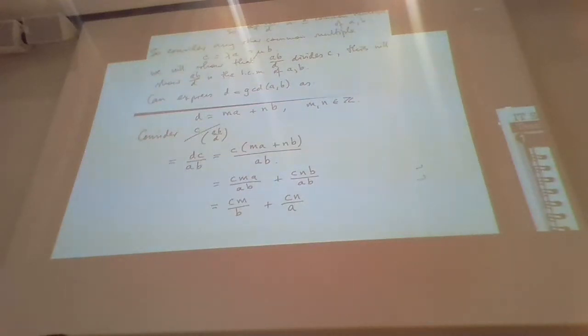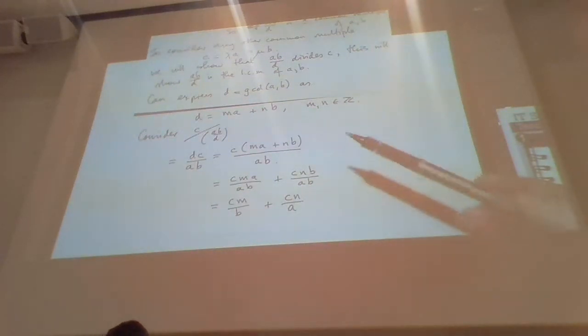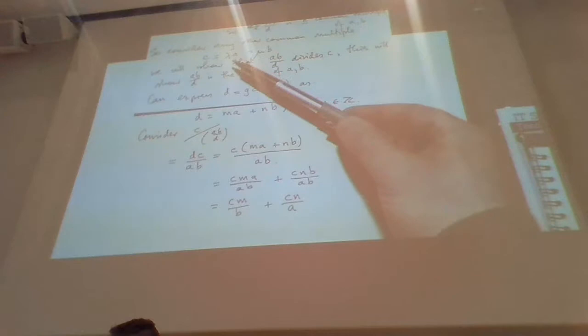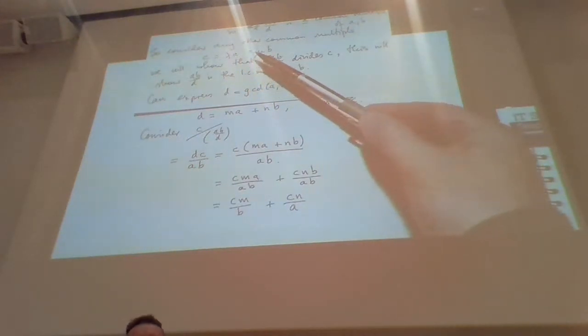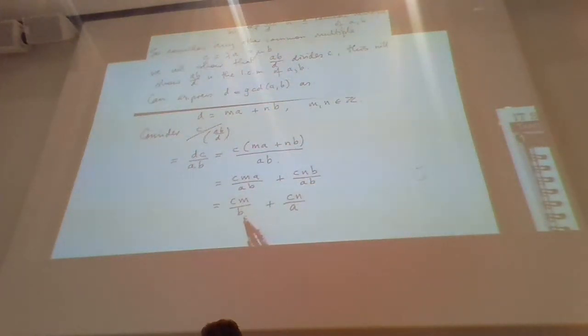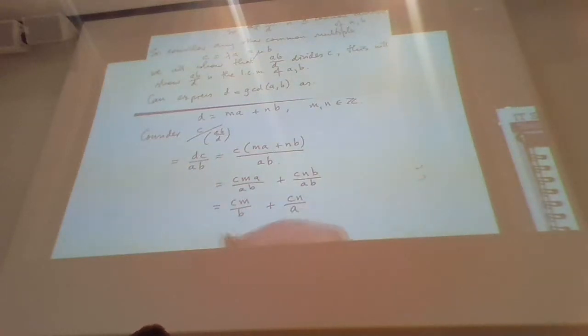And then we remember that C isn't any old number. C is a special number. It's just there at the top of the screen. C is a common multiple of A and B. So in the first fraction, C divided by B is just going to be equal to mu. And here we've got C divided by A. Well, that's just lambda.